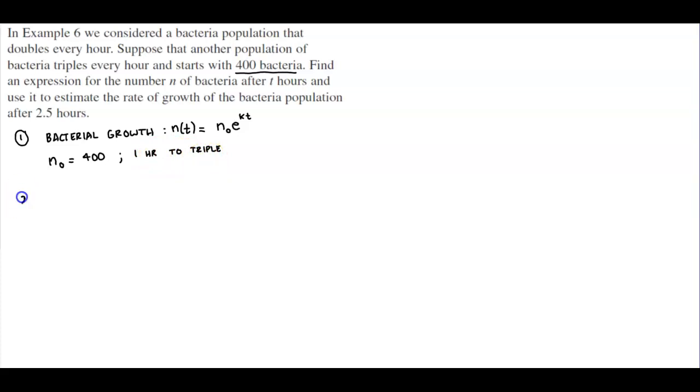So in part 2, we know that we have n, which is equal to the initial times e to the kt. If it takes 1 hour to triple, that means in our problem, n is going to equal 400 times 3, which is equal to 1200.